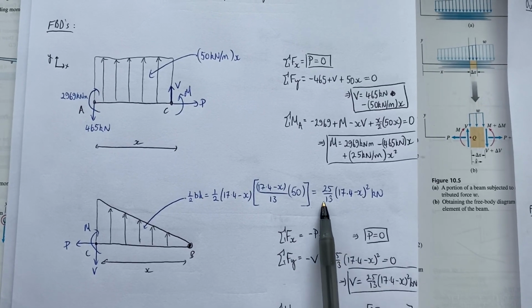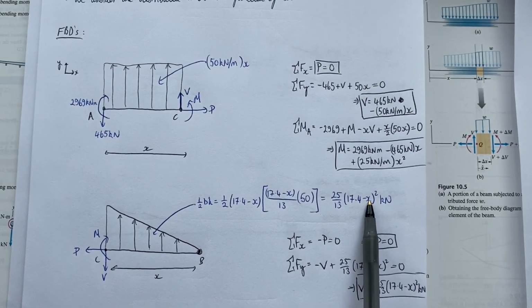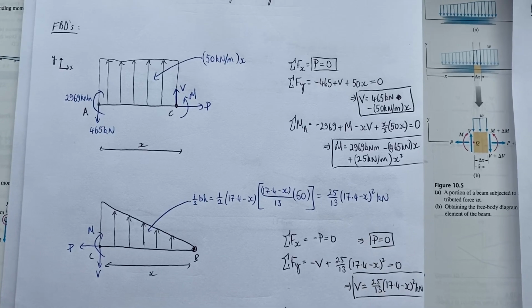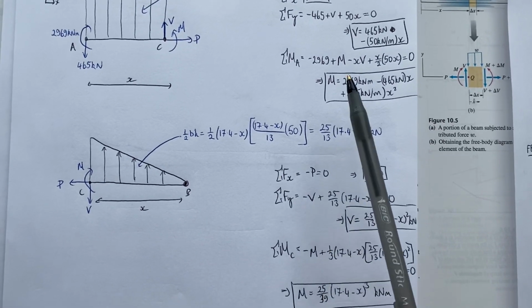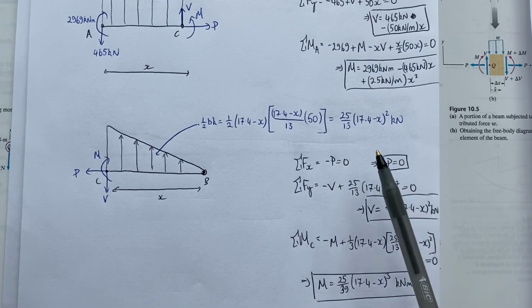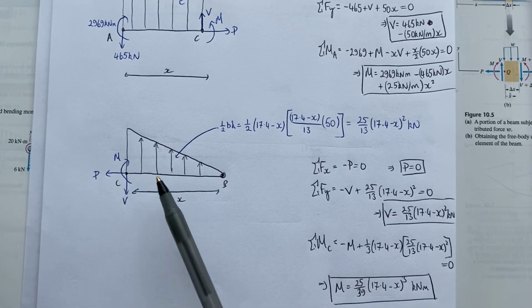So we get this as the area, it depends on x quadratically. And then again, same as above, we just apply the equilibrium equations to this sub-free body diagram to find the unknown axial force, shear force and bending moment.